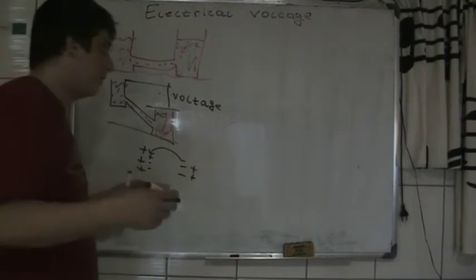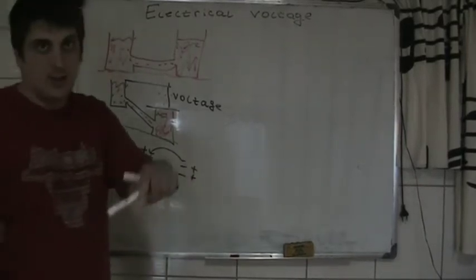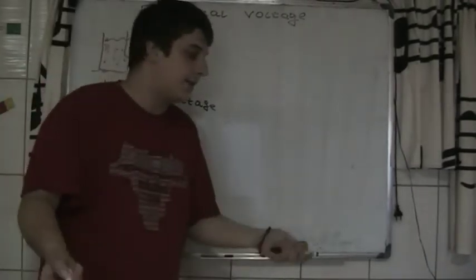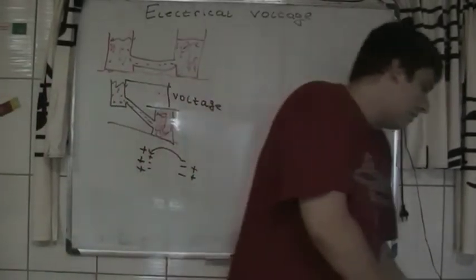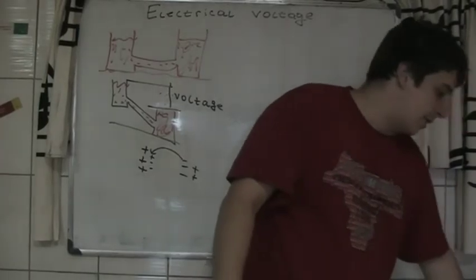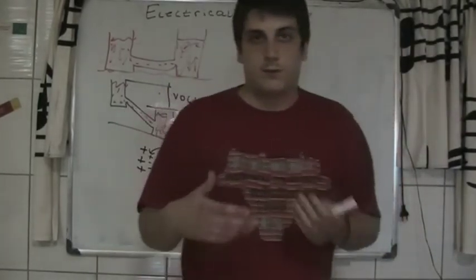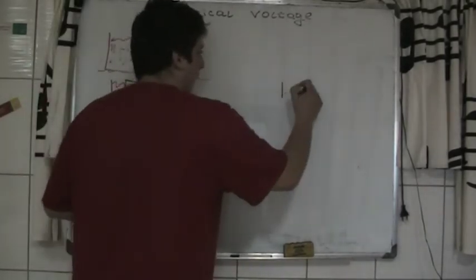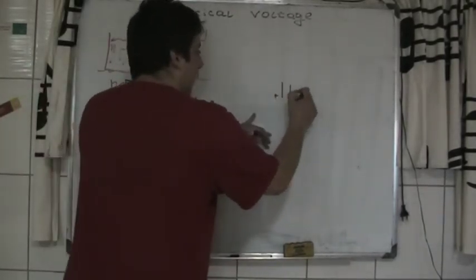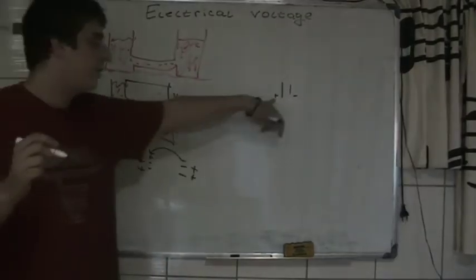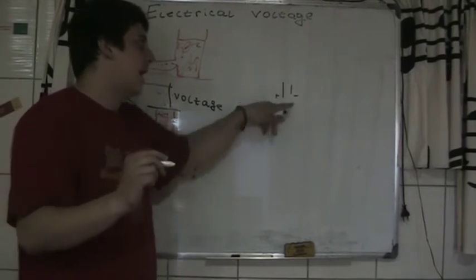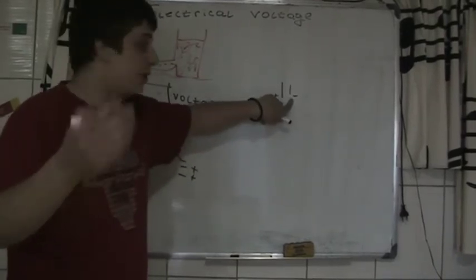But in electrical circuits, in electrical engineering, there is one problem. Well, that's not a problem, but it usually confuses people. We have here a battery, a plus and a minus. Here in plus you have a lot of protons, more protons than electrons, and here we have more electrons than protons.